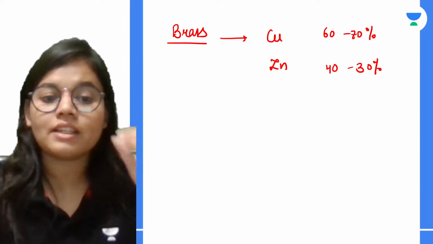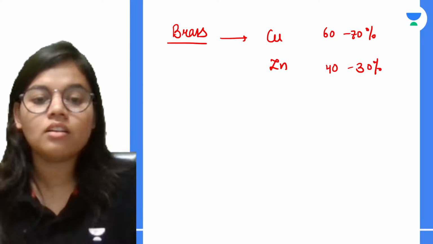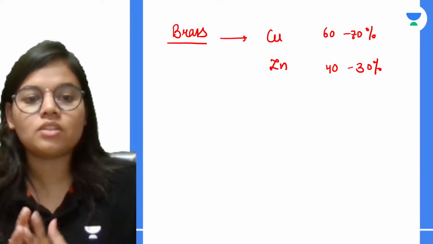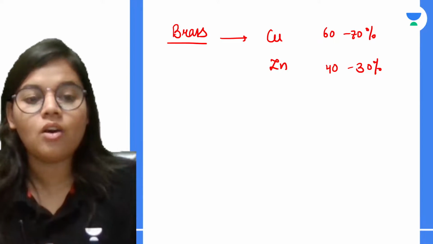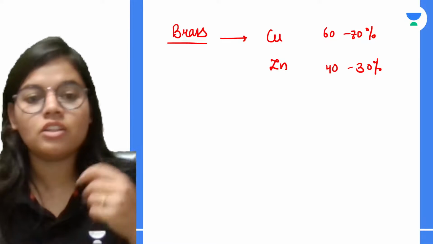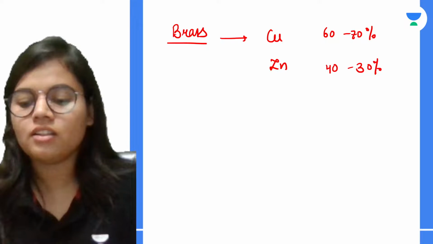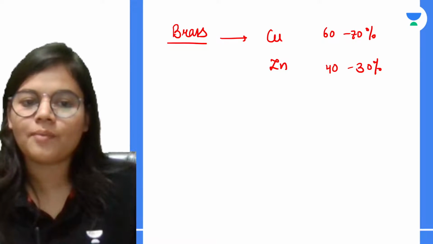We can cast it easily, and it can also resist corrosion. So that is why it is very commonly used in decorative pieces and hardware. It is used in utensils, screws, handles, and various musical instruments, etc.